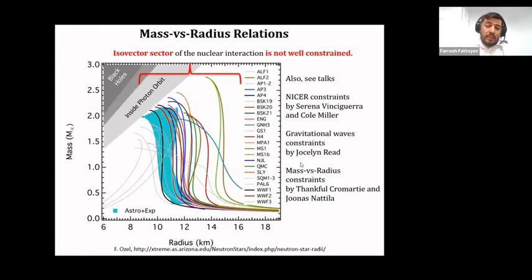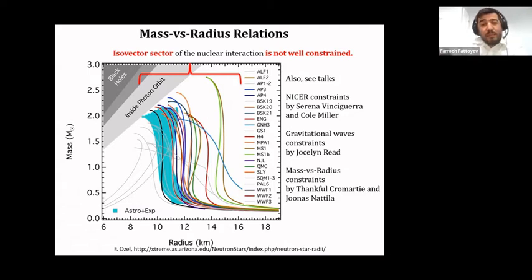Even though the equation of state for nuclei is very well known, as we think, it turns out that one particular sector of the nuclear interaction is not well understood. We call it the vector sector of the nuclear interaction, and that's not very well constrained. So models that predict the properties of finite nuclei very well then predict vastly different neutron star radii, for example, or tidal polarizability or moments of inertia, etc. These differences arise from the vector sector, which we don't understand.